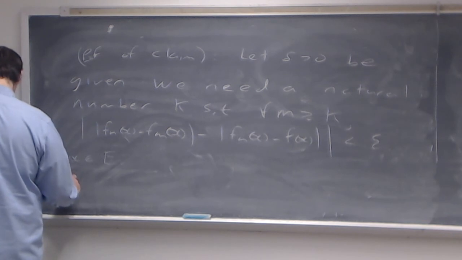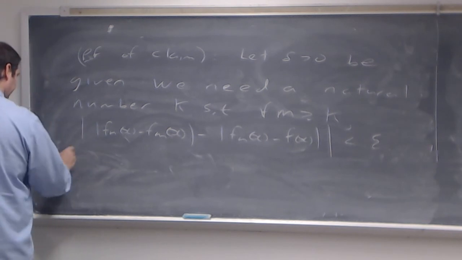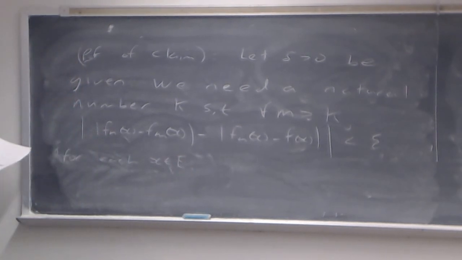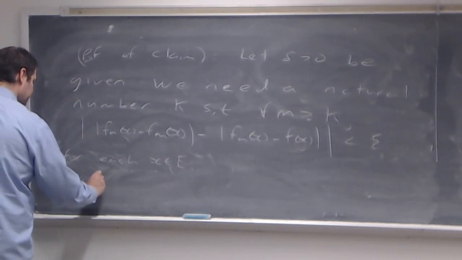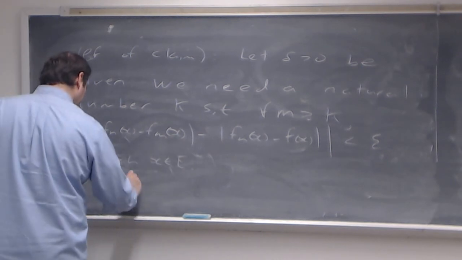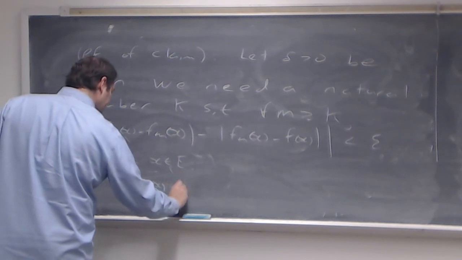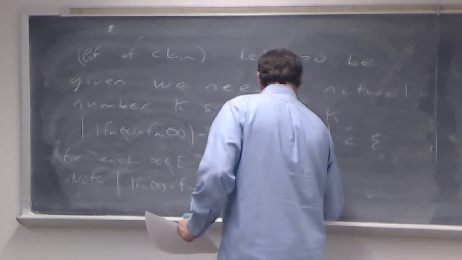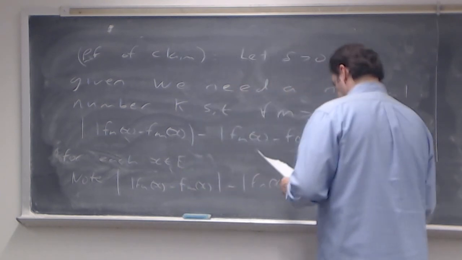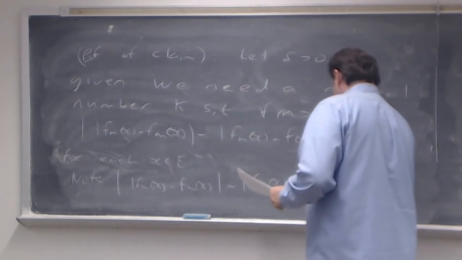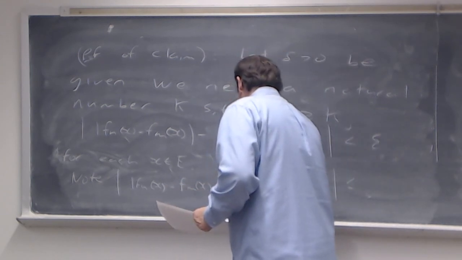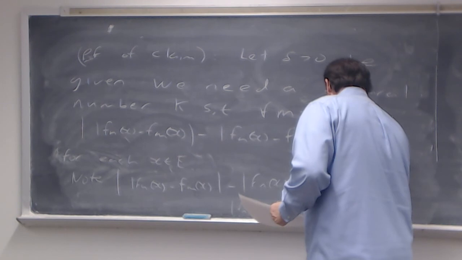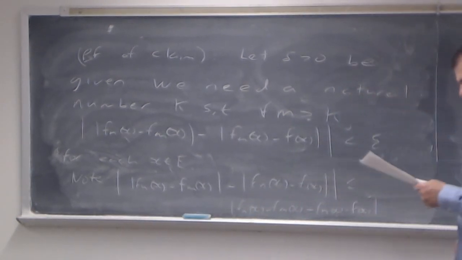Now, I'll say it this way. This is true for each x element of E. Now, what I want to tell you is that you'll notice that this quantity, the absolute value of f sub n of x minus f sub m of x, minus this absolute value of f sub n of x minus f of x, that can be shown to be less than or equal to, I'll write it right here, the absolute value of f sub n of x minus f sub m of x minus f sub n of x minus f of x, inside absolute values. That's what can be shown here.